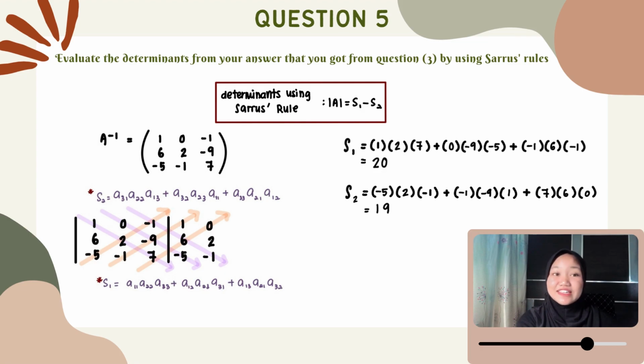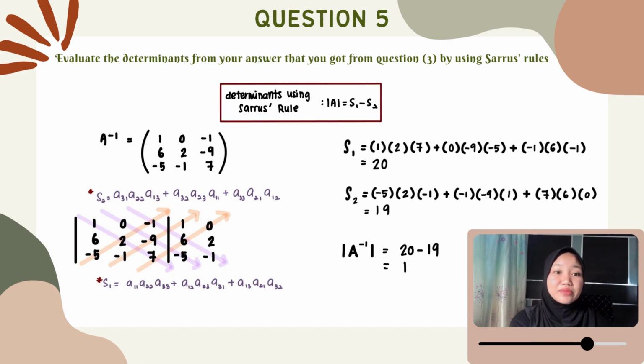Using the formula or the arrows that I have shown in the slide, we can find the values of S1 and S2. So for S1, we have 1 times 2 times 7, plus 0 times negative 9 times negative 5, plus negative 1 times 6 times negative 1, and we will get 20. And for S2, we have negative 5 times 2 times negative 1, plus negative 1 times negative 9 times 1, plus 7 times 6 times 0, and we will get 19.